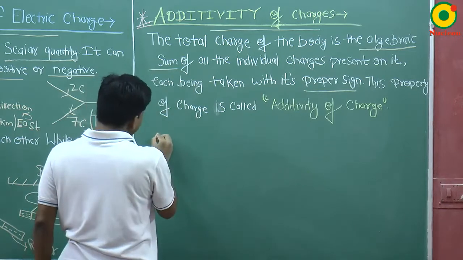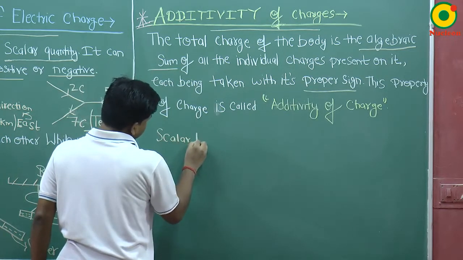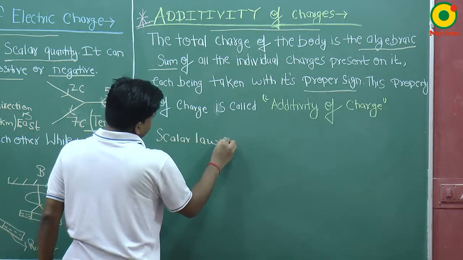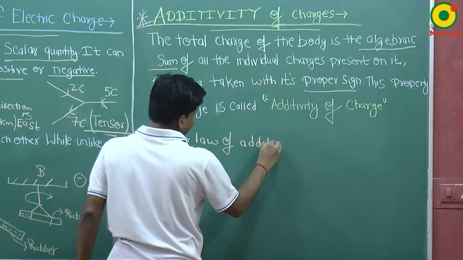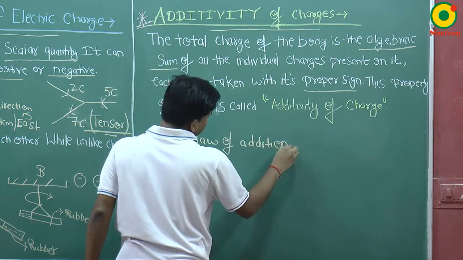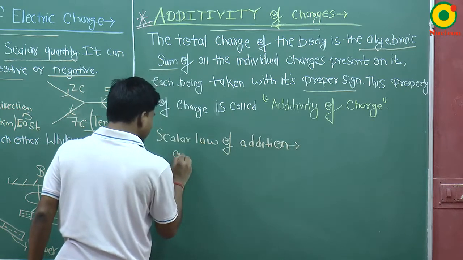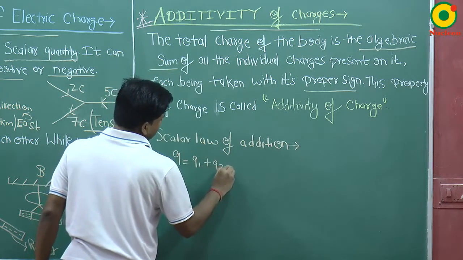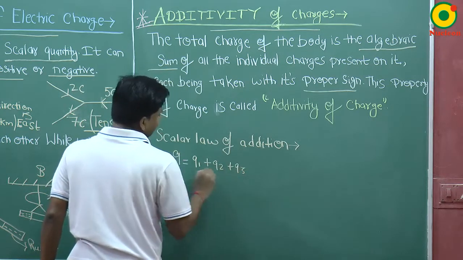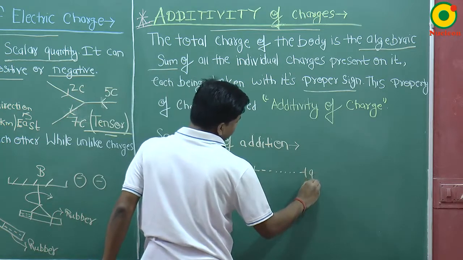So by the scalar law of addition, we know that the charges can be added. Q is the charge. So we have Q1 plus Q2 plus Q3. We add charges in this fashion by the scalar addition, and so on up till Qn, the number of charges we have, okay?